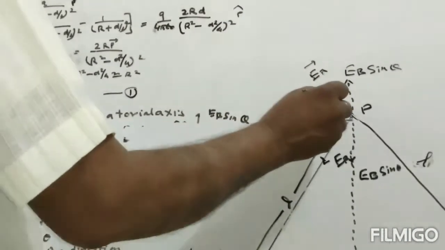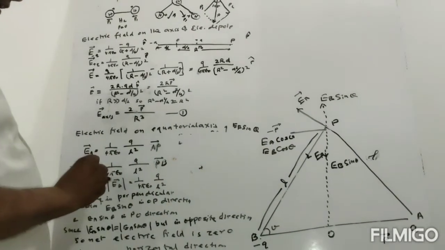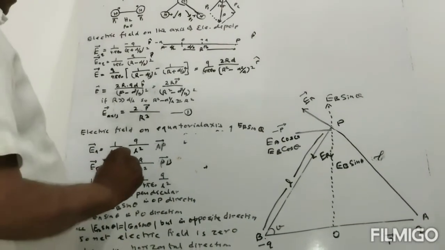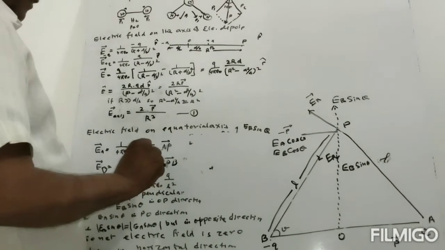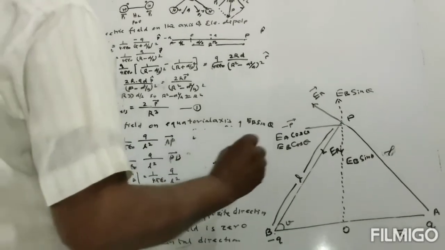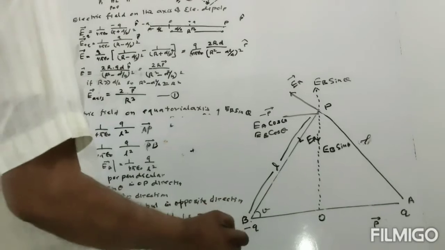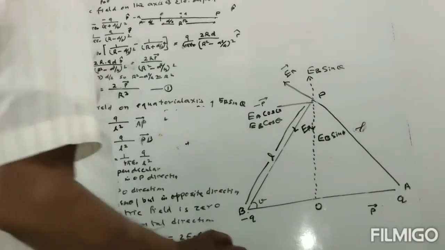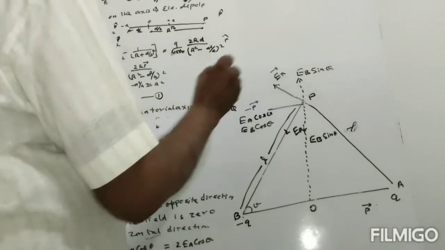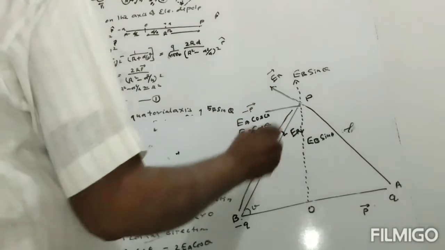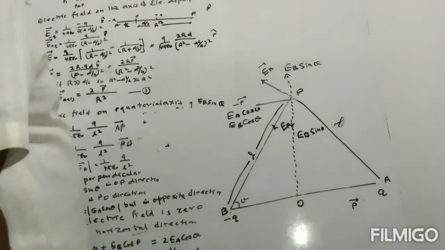Similarly, the electrical field due to negative charge will be 1 by 4 pi epsilon 0 Q divided by L square, and the direction will be in the PB direction because the charge at B is minus Q. So the electrical field EA is in the AP direction and EB in the PB direction.